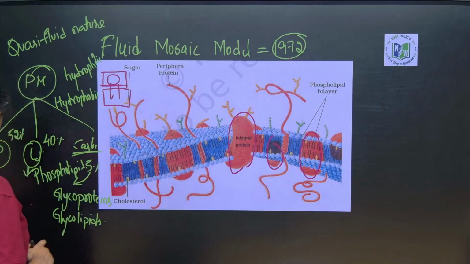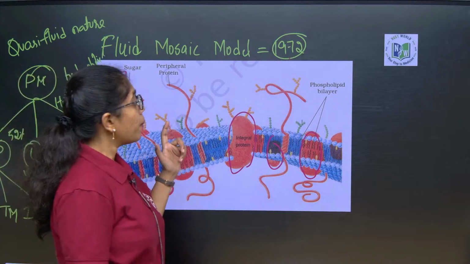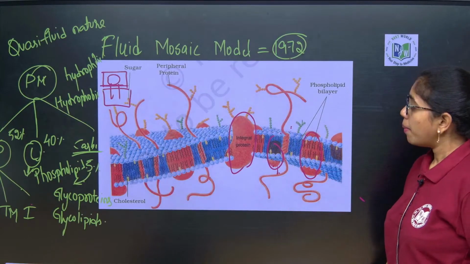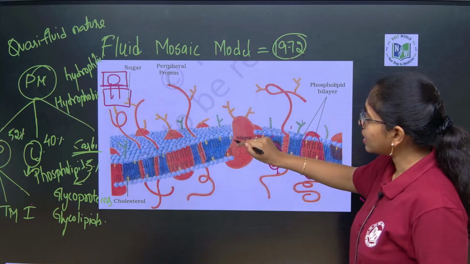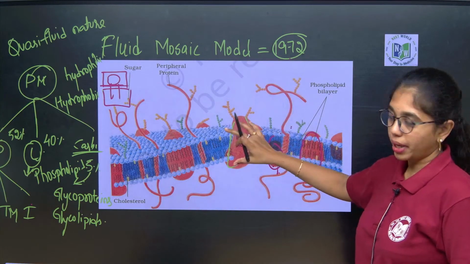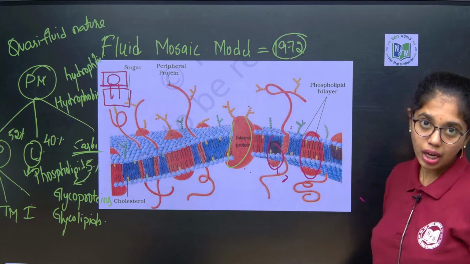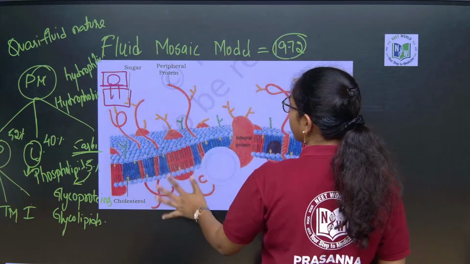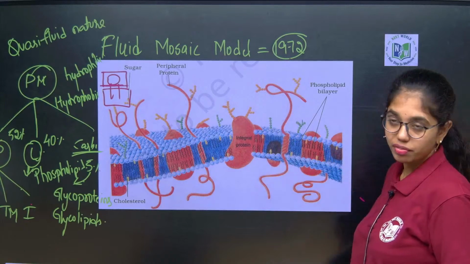Proteins are of three types in this plasma membrane. They are peripheral proteins, transmembrane proteins and integral proteins. Peripheral proteins are on the outer surface of the lipid membrane, and integral proteins are towards the inner side of the membrane. Transmembrane protein will span both sides of the plasma membrane.